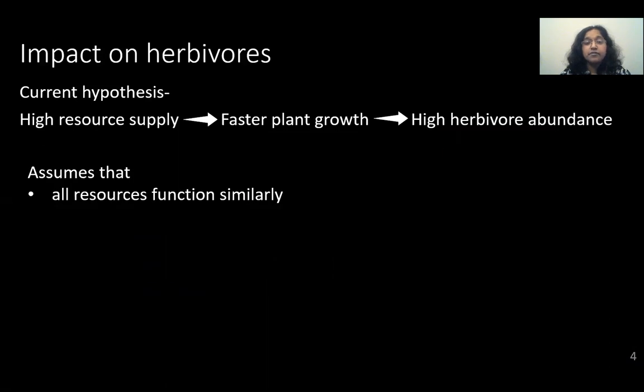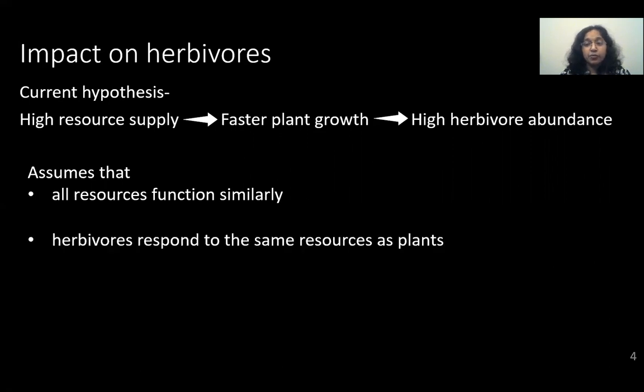The hypothesis, firstly, assumes that all resources function similarly. This is untrue because we know that resources such as light have a very different impact on plants than nitrogen or phosphorus. Secondly, it assumes that herbivores respond to the same resources as plants. This is also likely to be false as there are several examples of resources that limit plants, such as phosphorus in terrestrial systems, which is not known to directly limit herbivore growth.